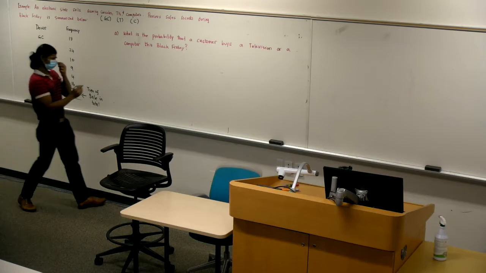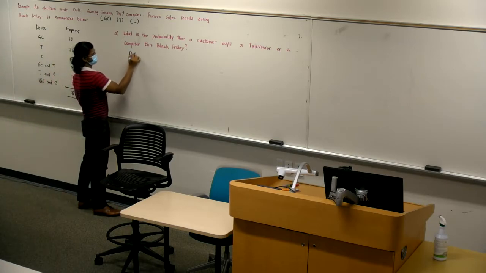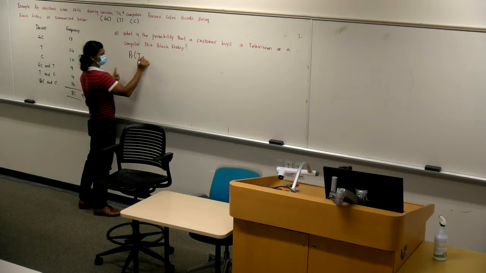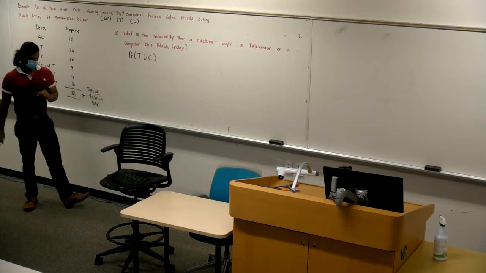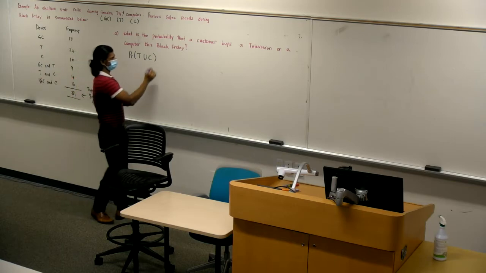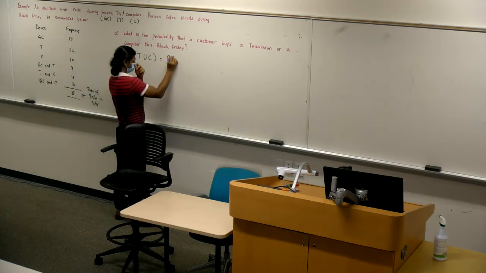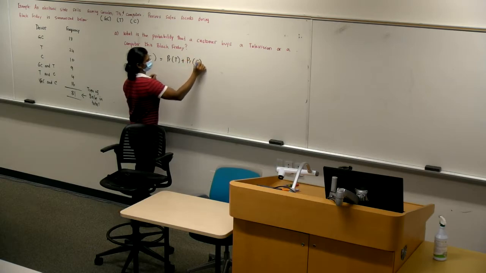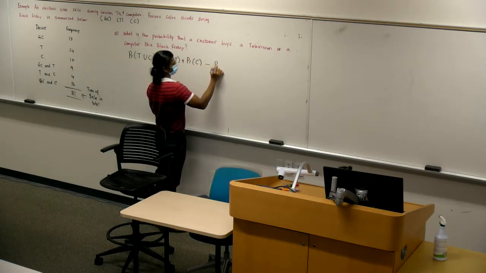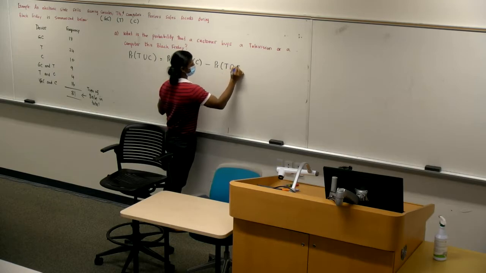So probability of T or C, T union C. And in terms of the rule, this would be probability of T plus the probability of C minus the probability of T and C.